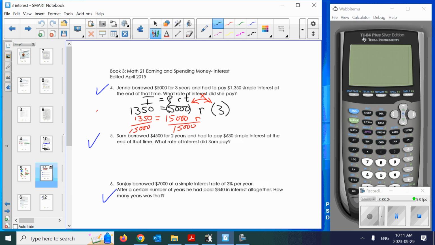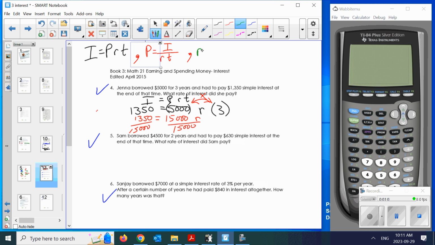The main formula is I, interest, equals the principal, the rate, and the time. The rate has to be a percent, but as a decimal, divided by 100. If you rearrange that and you want to find the principal, it is equal to the interest divided by the rate and time. If you need to find the rate, it'll come out not quite as a percent, so I have to multiply it by 100.